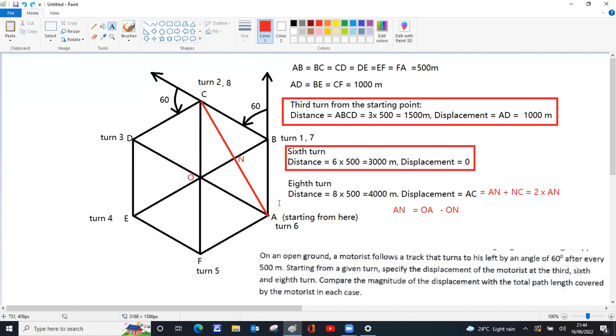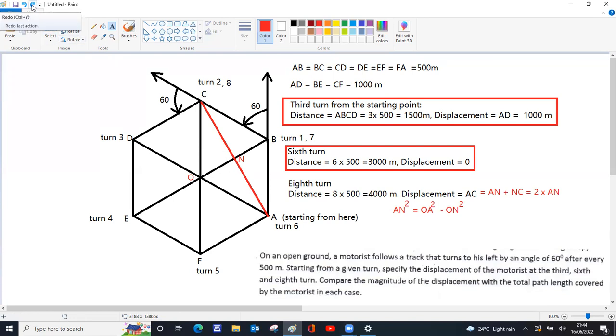Now AN square, which is altitude square, equals AO square minus ON square. OA is 500 meters. ON is half of 500 meters, since the diagonals intersect, dividing each other in half.